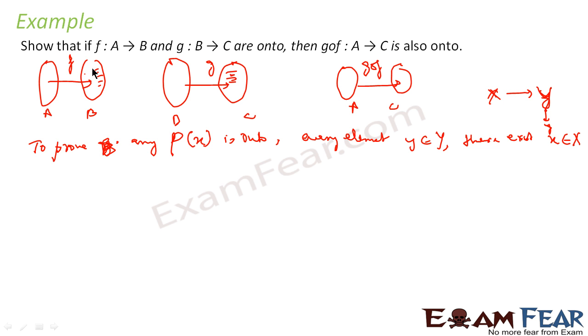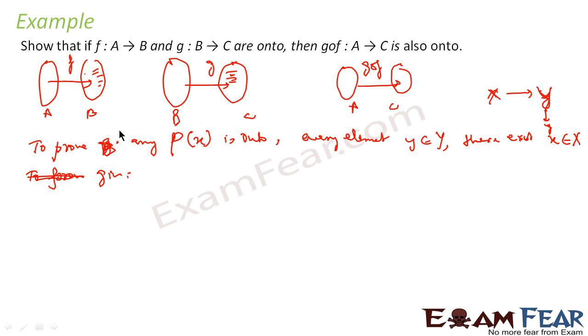For every element here, there exists an element there. In this case, for function f, for every element in B there should be an element in A. For g, for every element in C there has to be an element in B.